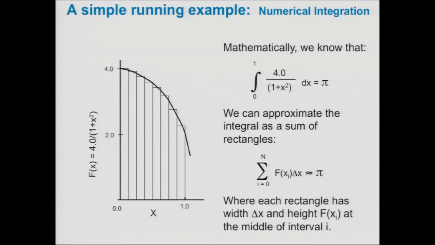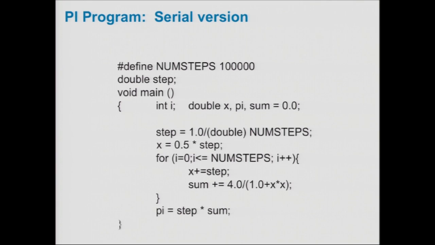All right? And so we just need the width of those rectangles and its height. This is pretty easily turned into a serial program where we chop the interval into some number of rectangles, and now we figure out how wide each of those rectangles is. Now we're going to go across that.